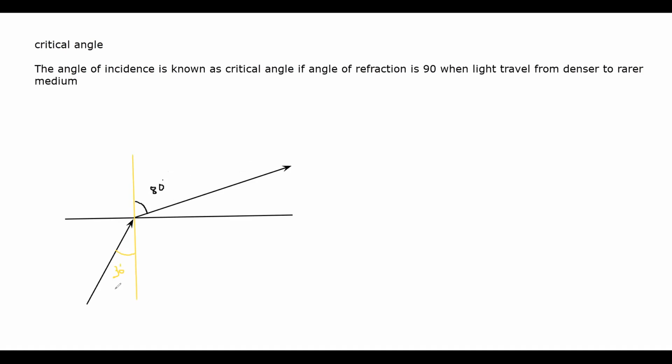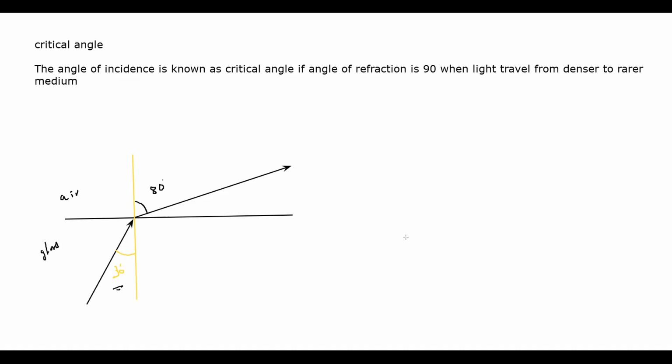Is this a critical angle, the angle of incidence moving from glass to air? No, it is not a critical angle. Why? Because the angle of refraction is not 90. The condition for the angle of incidence to be a critical angle is that the angle of refraction is 90.